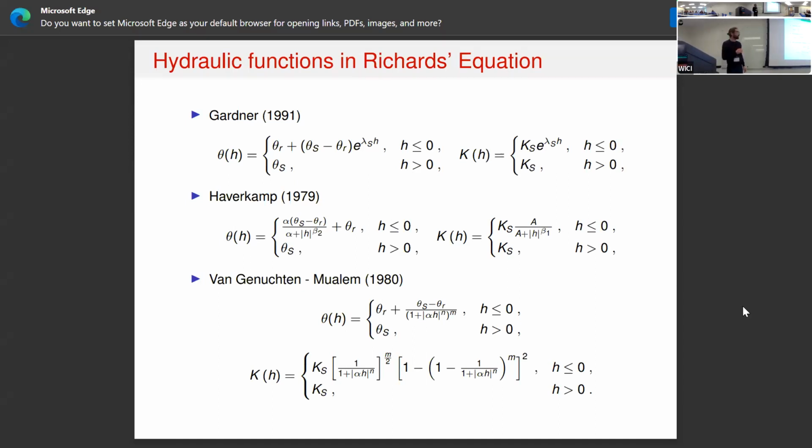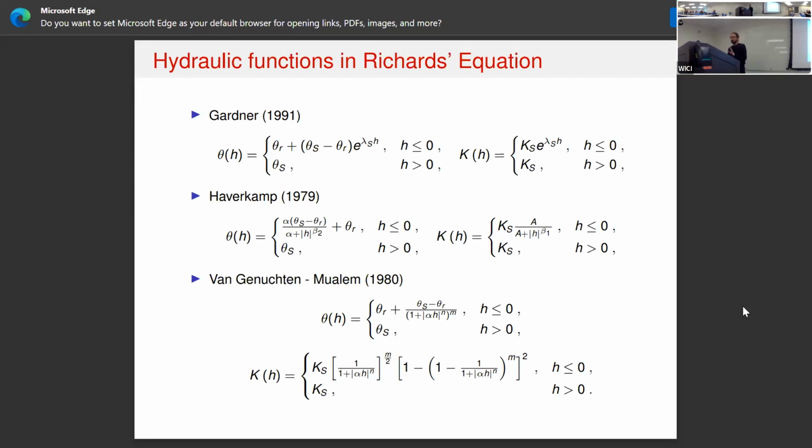Then we have other models known as the Aberkamp model and the Van Gennuten-Moalen models. So in this case, the relation between moisture and pressure head is given by a rational function, basically, with different parameters. So all these other parameters are somehow determined by the soil under consideration.